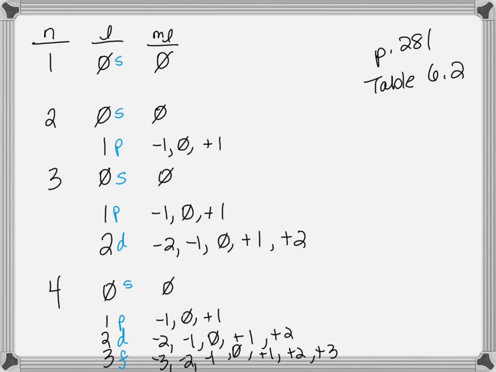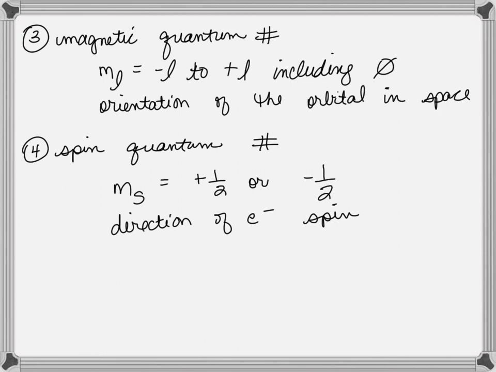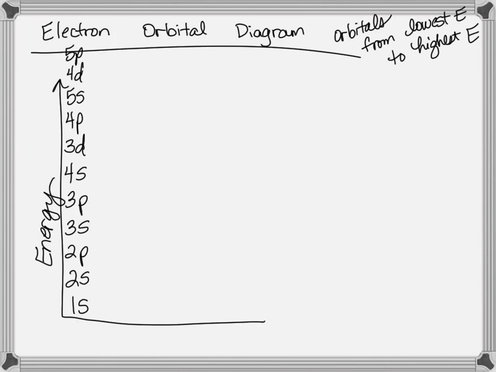Well, that's fine. If it's an s orbital, this chart tells us that s orbitals have one possible orientation in space. That means that on our electron orbital diagram, every time we wrote s, we need to put one blank by it.